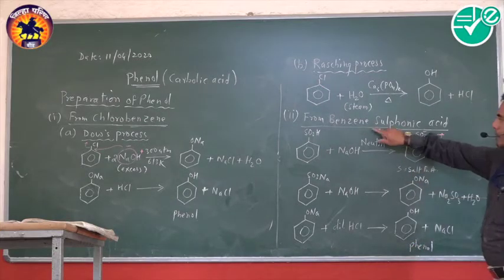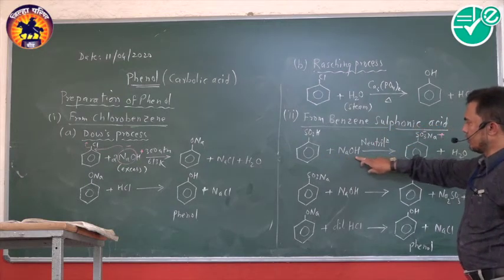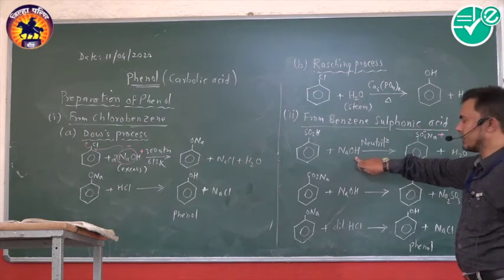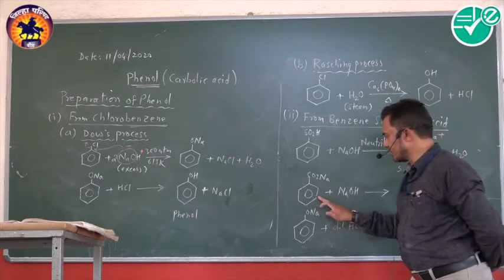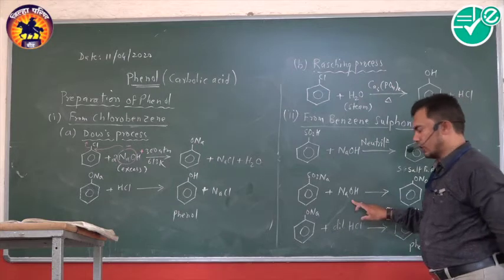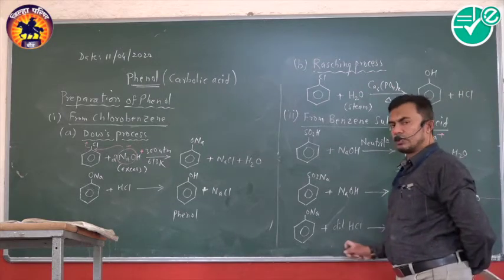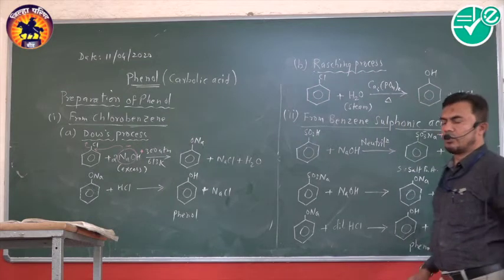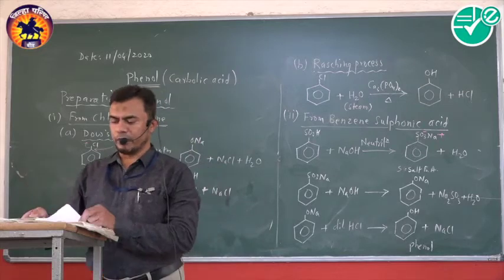Look at the second method: benzene sulfonic acid undergoes neutralization with sodium hydroxide or potassium hydroxide. It's going to form a salt. The salt further reacts with the same alkali to form sodium phenoxide, which on hydrolysis gives phenol. So this is the second method to prepare phenol.